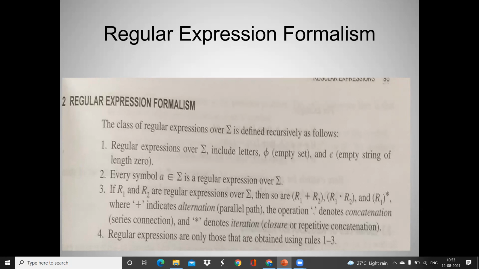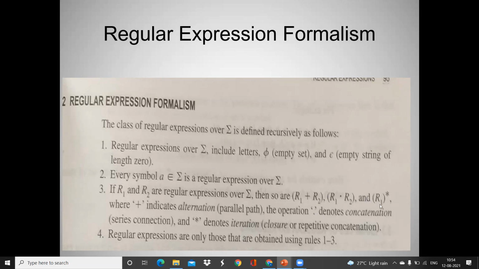So you can say it indicates the sequential execution of statements of a program. In your program you have statements one after the other, and they get executed in that particular sequence. So R1 dot R2 represents concatenation or sequential execution of a program.